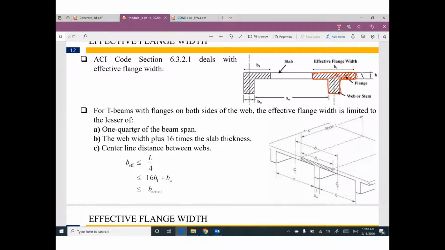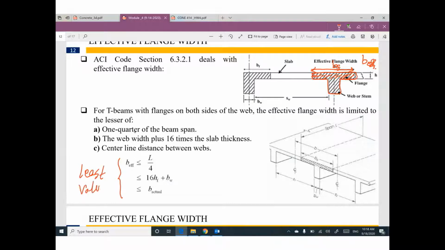This part has a width called B flange, or sometimes B effective. So if you have a beam connected to a slab, how can I figure out the effective width of this slab which is working with this beam to make the T-section? We have three conditions. I'm going to use the least value.